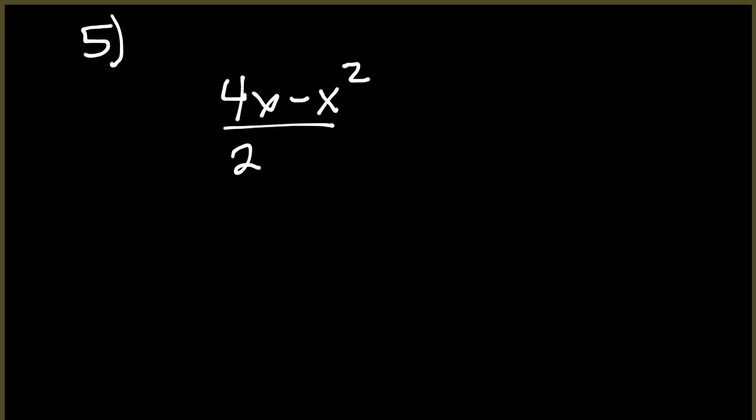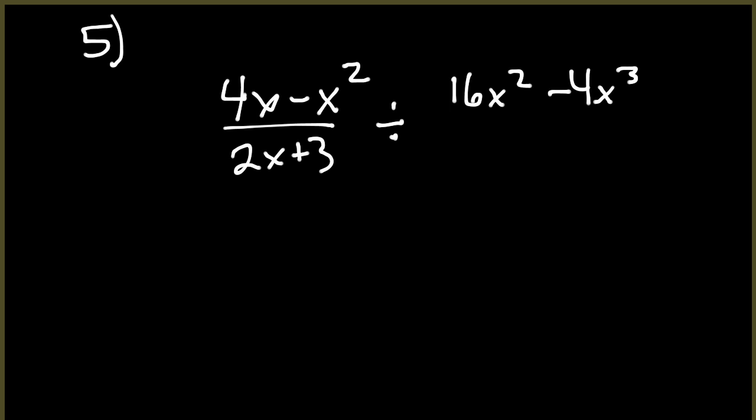All right. Next, we have number 5. I'm doing 4x minus x squared all over 2x plus 3, divided by 16x squared minus 4x to the third, and dividing by 8x plus 12.